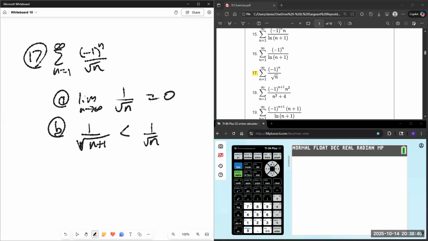Let's square both sides. That should maintain the truthfulness of this, because these are positive numbers. Then take the reciprocal, and then subtract. Because this is true, this is true, and so on, it passes. So this is conditionally convergent.